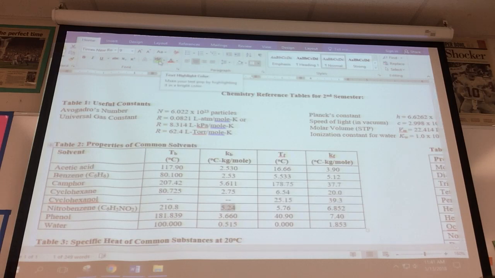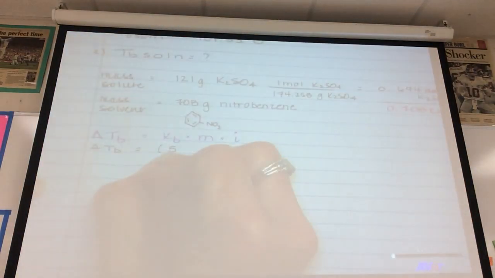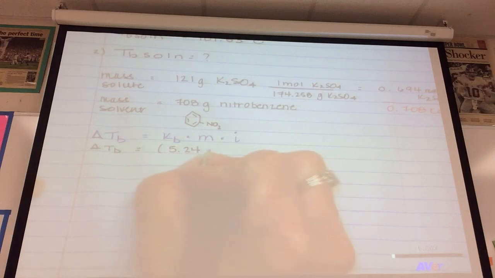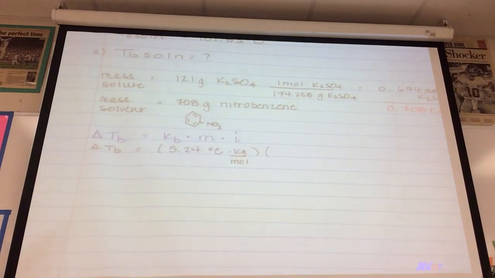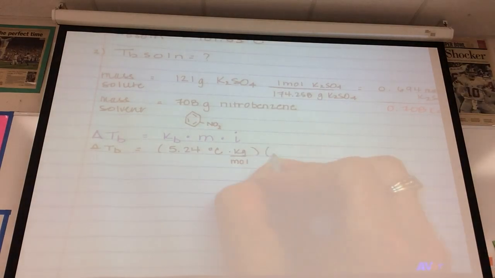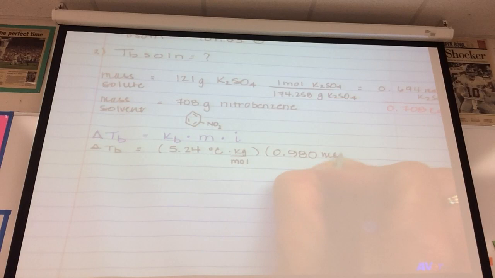So we're going to use 5.24 degrees Celsius per molal. Our molality is equal to 0.980 moles per kilogram.